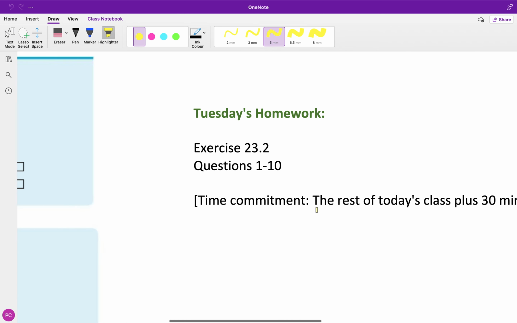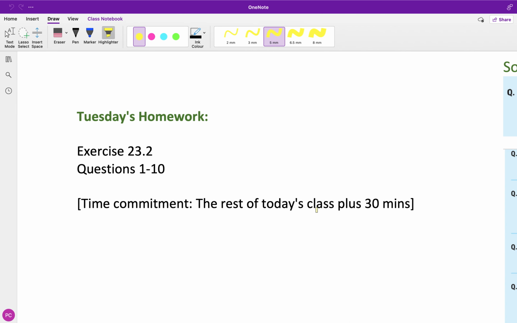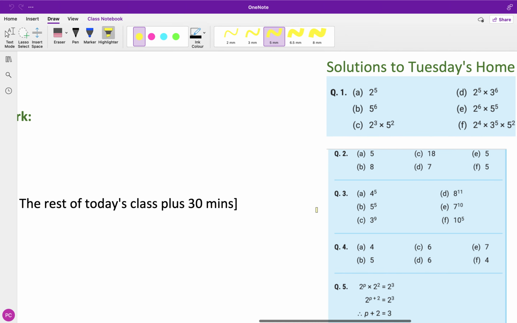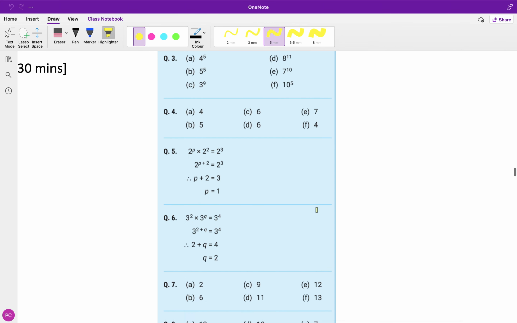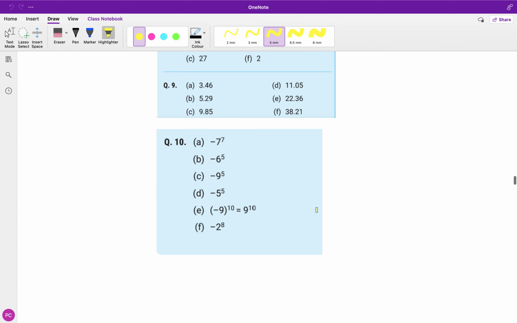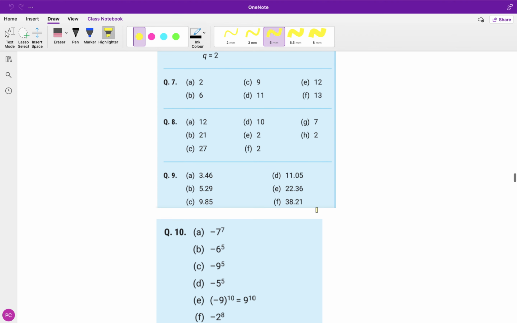Tuesday's homework was that during class and for homework you were working through exercise 23.2, which was the first rule of indices, and I hope you found that okay. I have the solutions out here on the right hand side, for questions 1 to 10. So if you have any of them to finish, you can correct them as you go along.